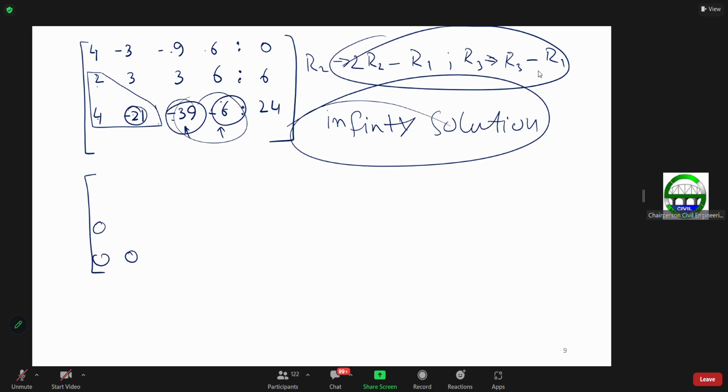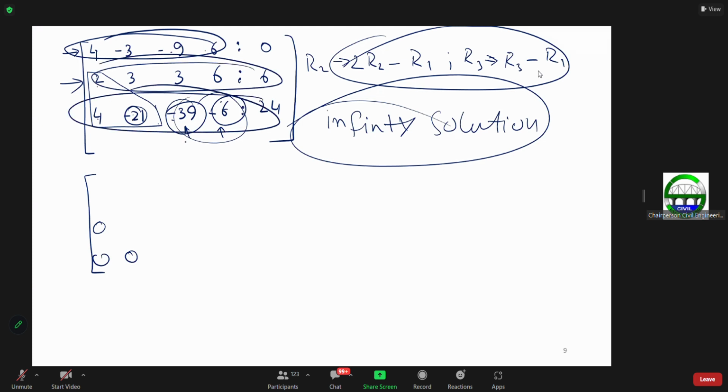Okay, because this is quite visible. For example, I have this equation, the second equation, and the third equation. I have 3 equations. If I want to solve a system of linear equations with 3 equations, there should be 3 unknowns. But here, there are 4 unknowns.